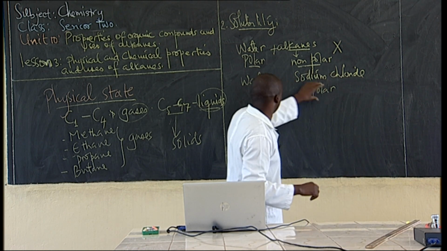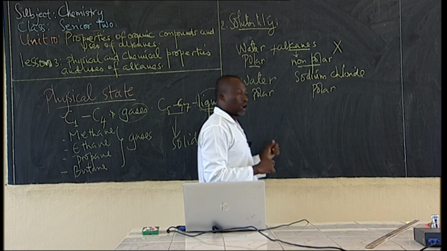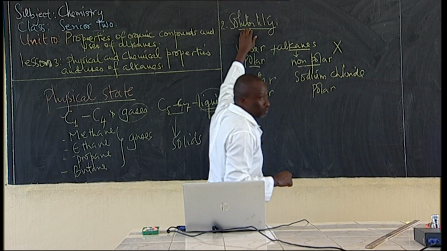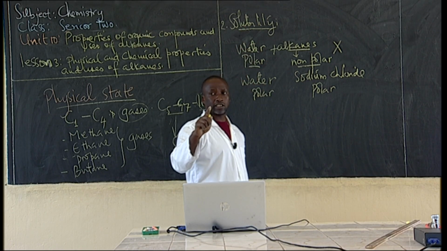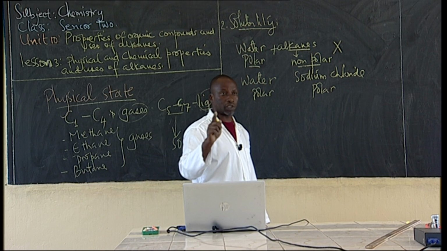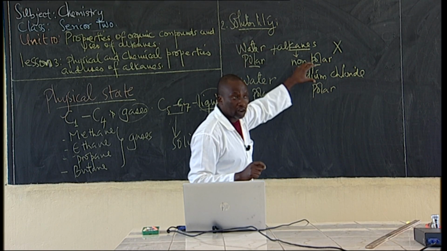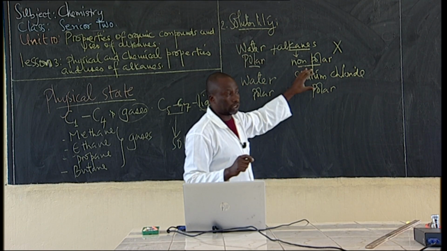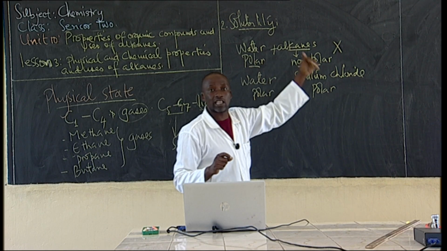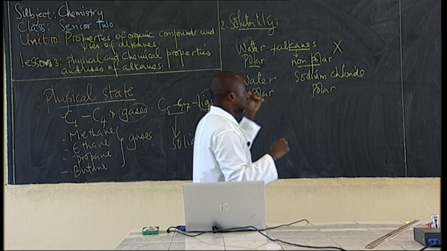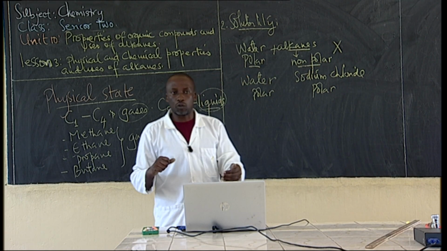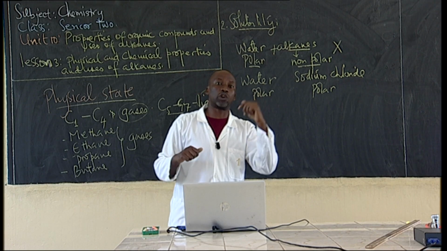Water dissolves sodium chloride because they are polar. Now, organic compounds, alkanes in particular, are non-polar. They don't dissolve in water, but they dissolve in other organic compounds which are also non-polar.